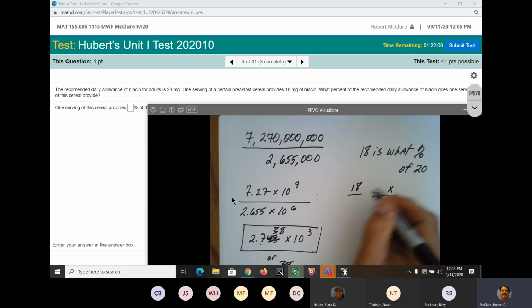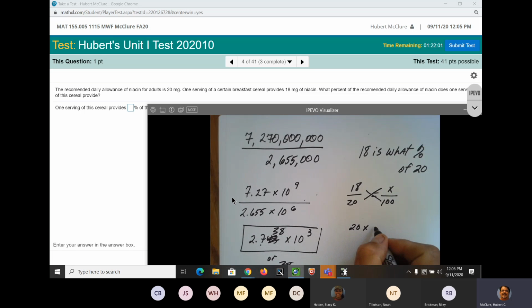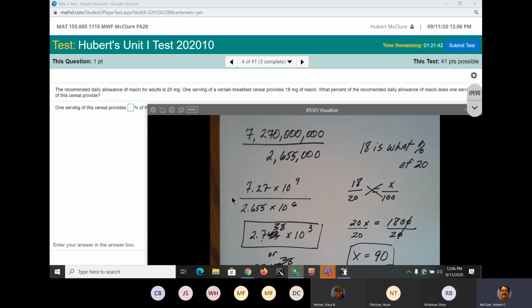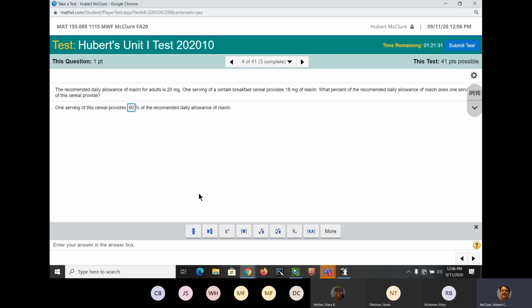Is 18, of is 20. 20x is equal to 1800. Divide by 20. x is equal to 90. So it should be 90. I'm not used to a big number like that. That's why I was waiting a second. Next.